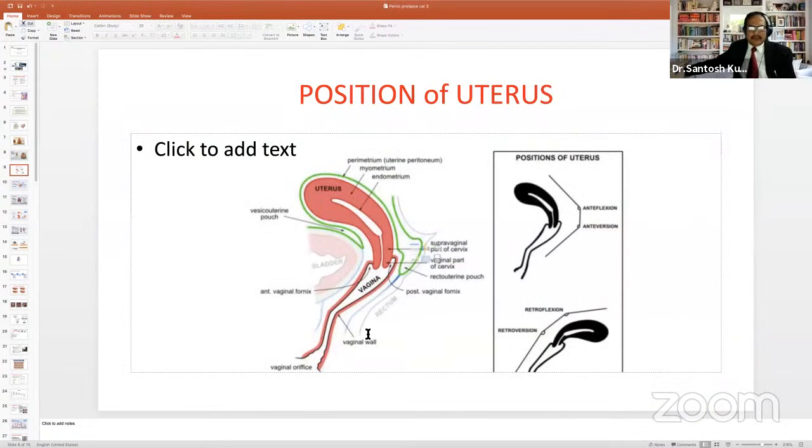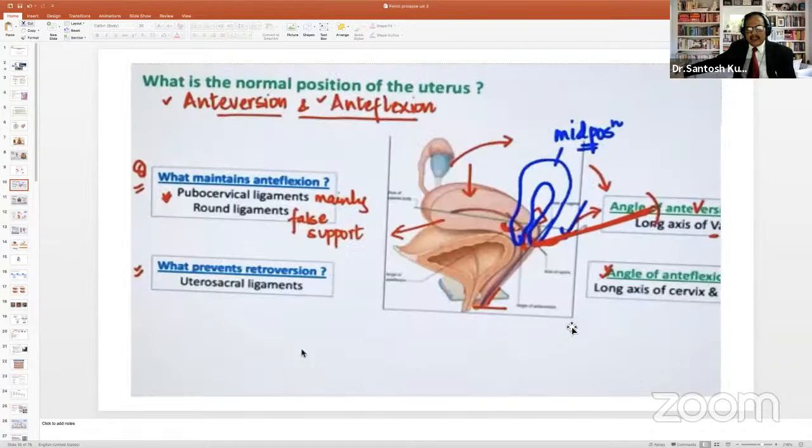Coming to the position of the uterus. The uterus position is anteverted and anteflexed. This position also prevents prolapse of the uterus, and the ligaments maintain this.